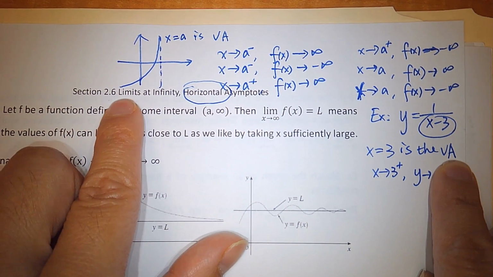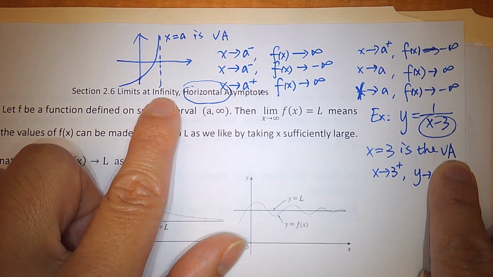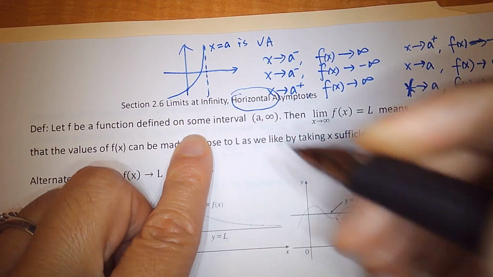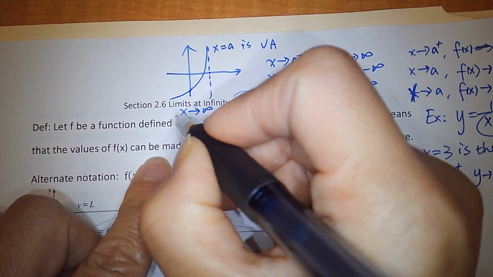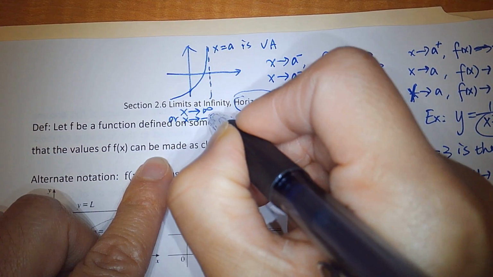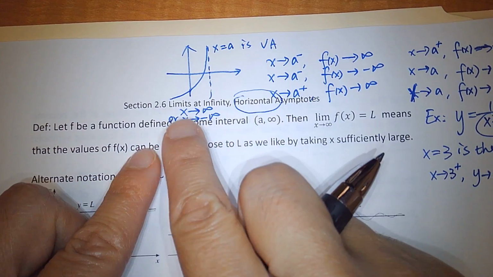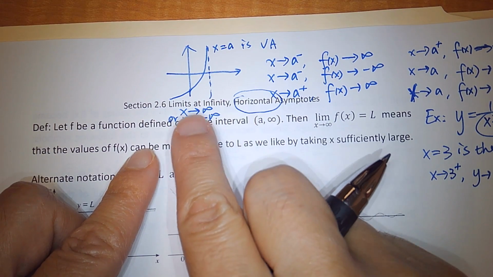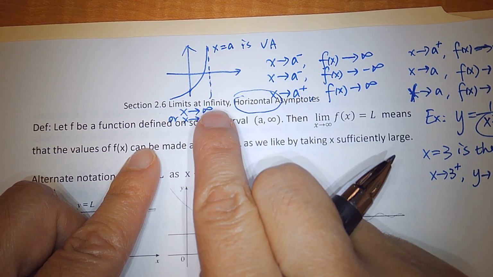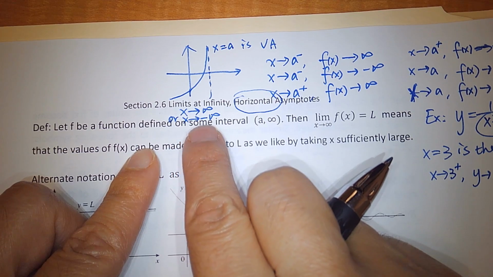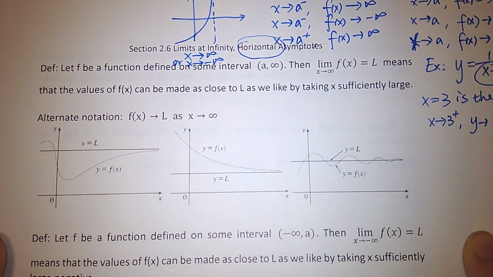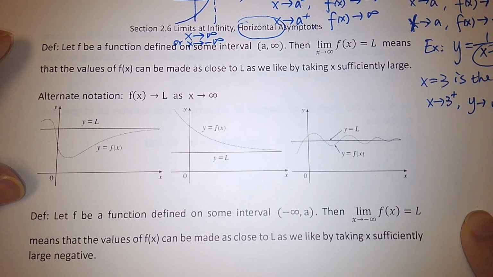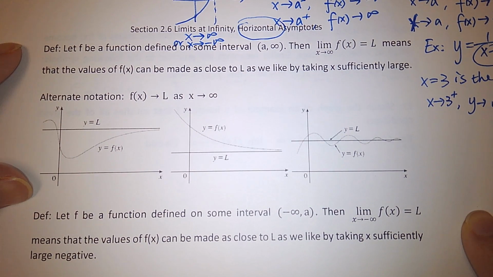And limits at infinity means when x goes to infinity or x goes to negative infinity.